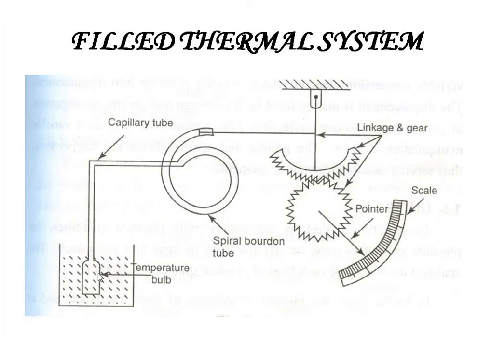We are going to sense the temperature. Then we have our capillary tube, and then the spiral bourdon tube, and then the linkage and gear mechanism, which is the manipulation element. Linkage and gear is the manipulation element, and finally the presentation element is the pointer and the scale.